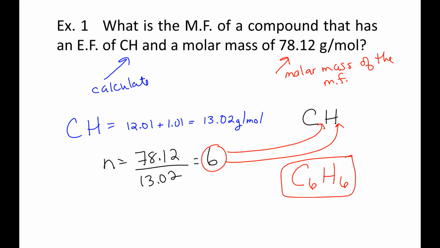Now, if there were numbers, let's say C2H3 was your empirical formula and your multiplier n was maybe 3.